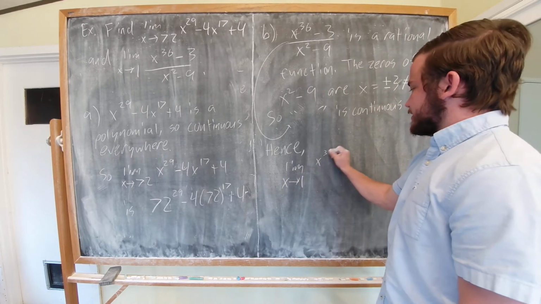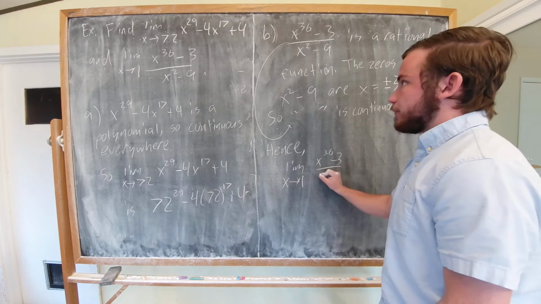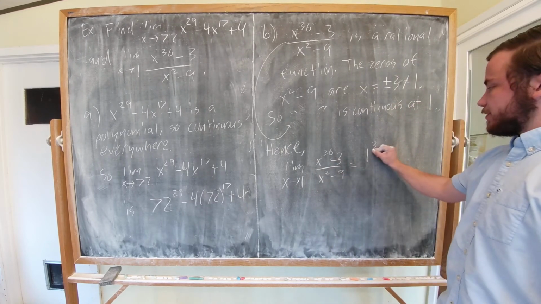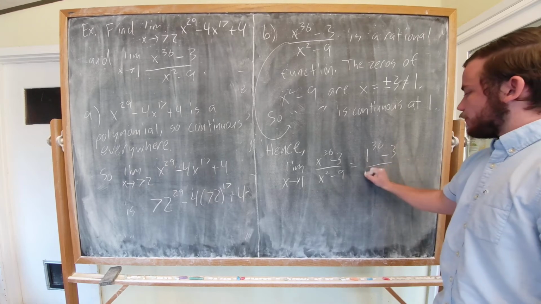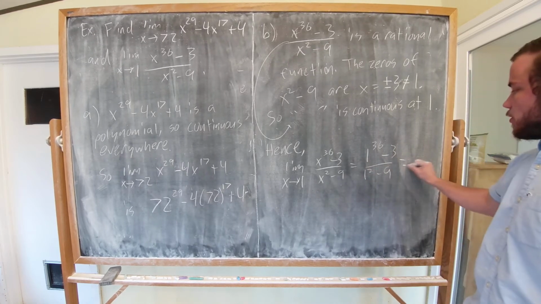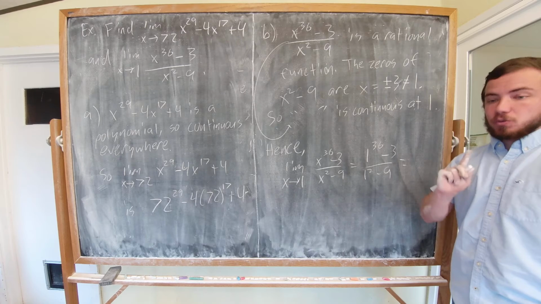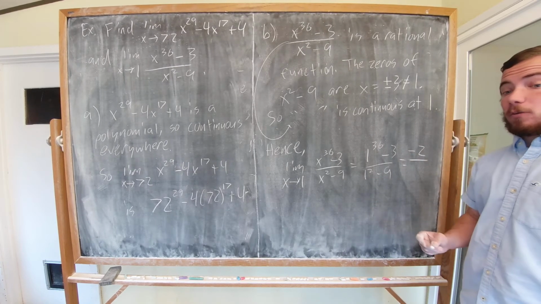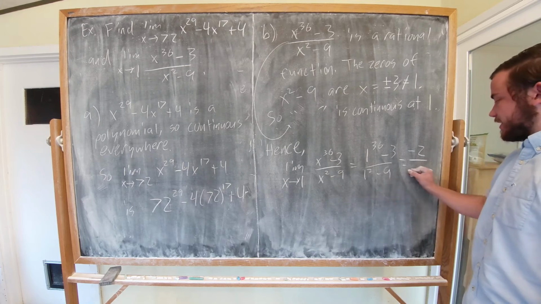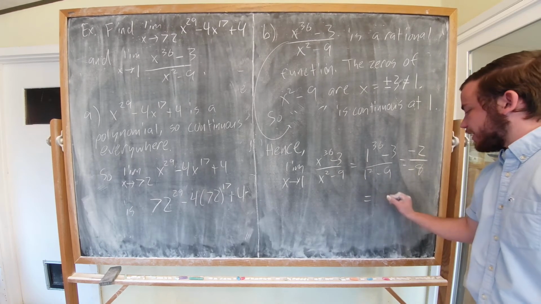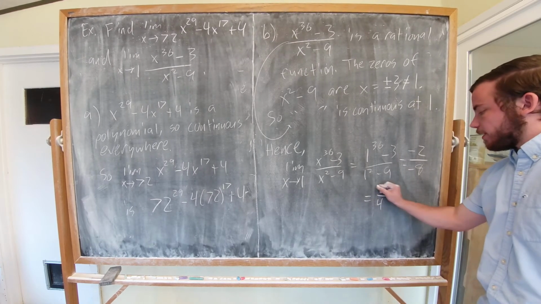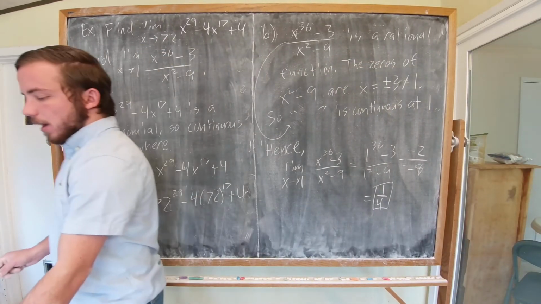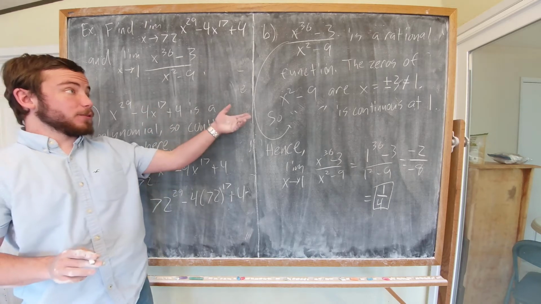X to the 36th minus 3 over x squared minus 9 is 1 to the 36th minus 3 over 1 squared minus 9. 1 to the 36th power, just 1. 1 minus 3 is negative 2. Here we have 1 squared, which is 1, minus 9, negative 8. Negative 2 over negative 8 is positive 1/4. How about that? Okay, so we can compute limits like that easily.